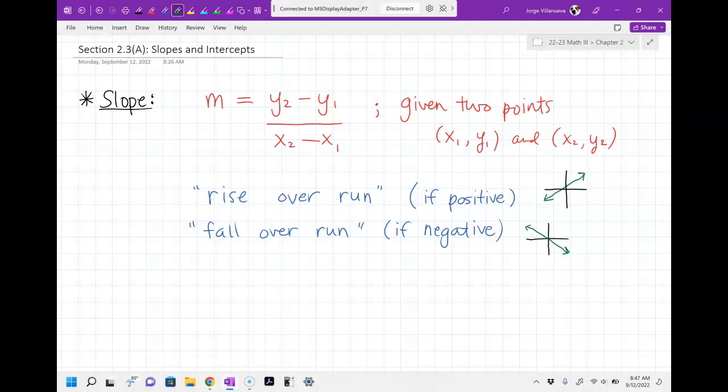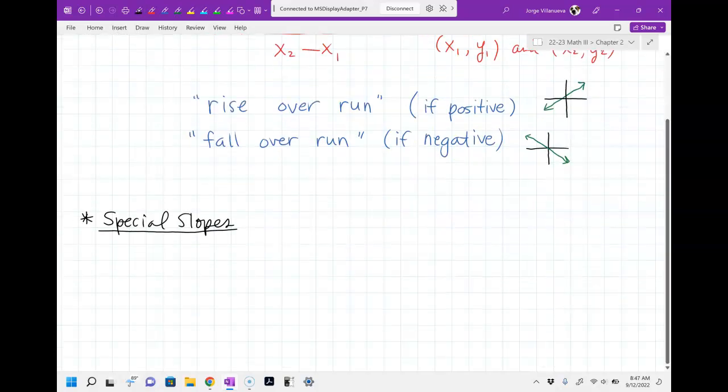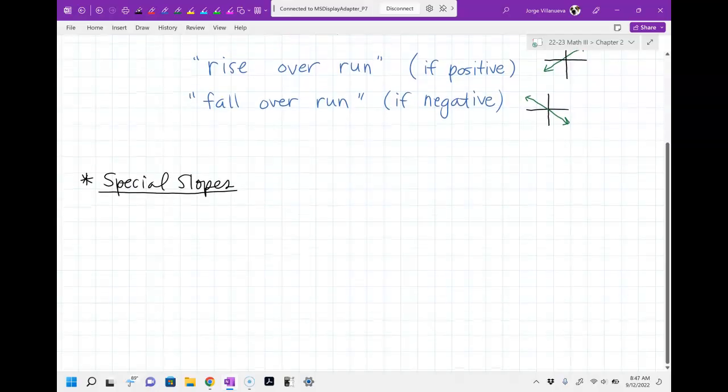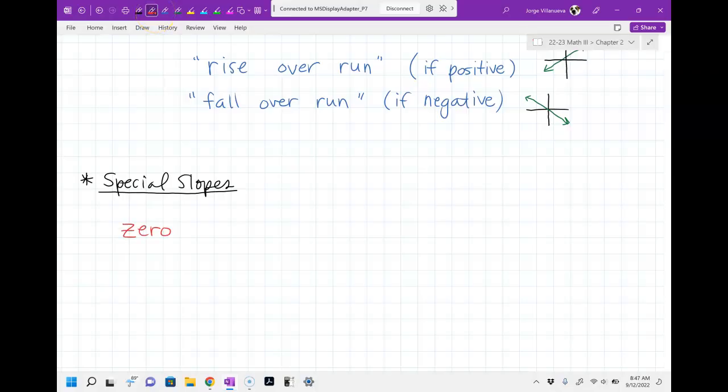Now, there are 2 special slopes that you need to be aware of. The first is the slope of 0. A 0 slope is just a horizontal line.